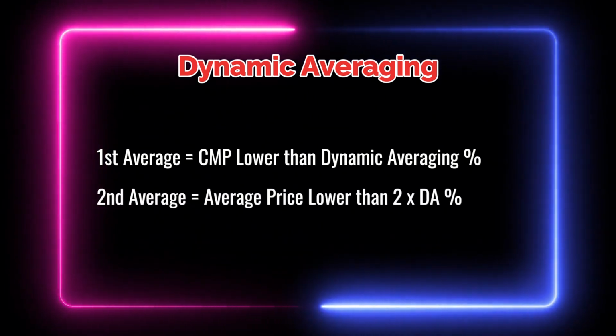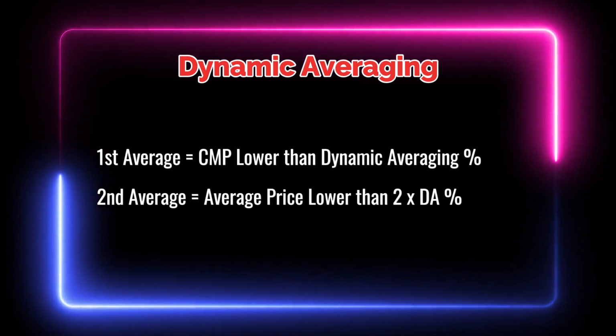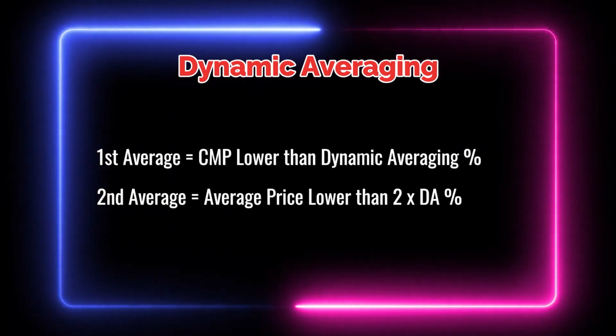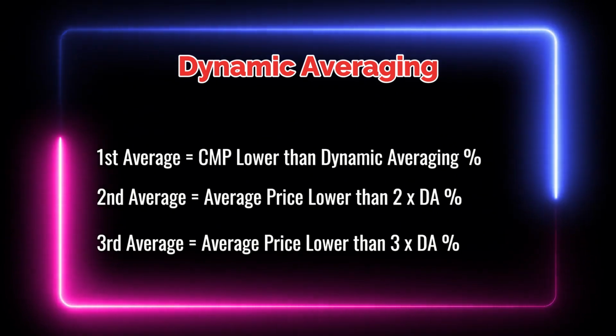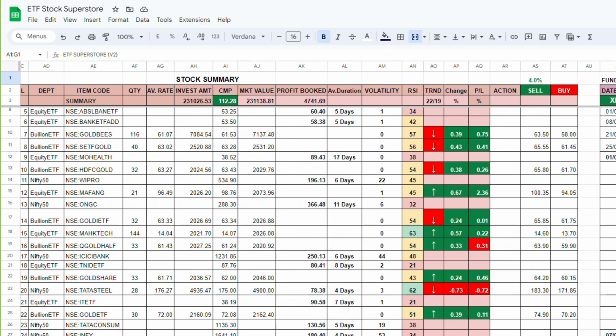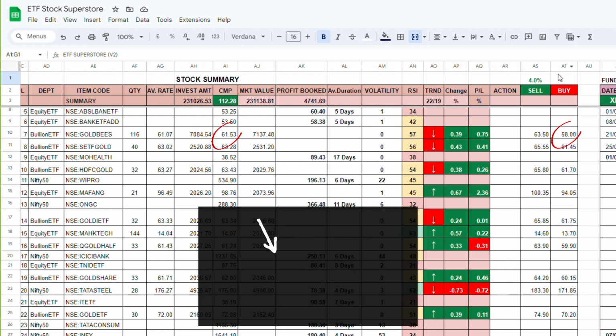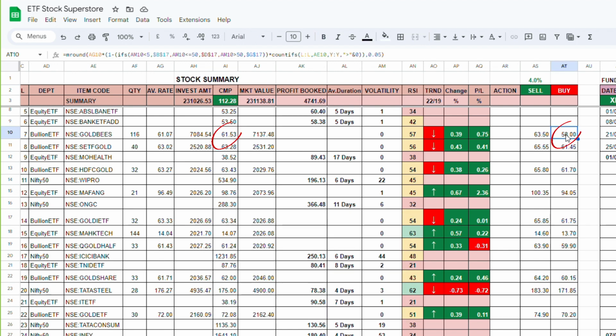If the price falls further, the next averaging price will be double that percentage lower than the average purchase price, and so on. In the action column, the system compares the current market price, CMP, with the targeted buying price. If the price falls below the target, the system waits for a potential further decline.